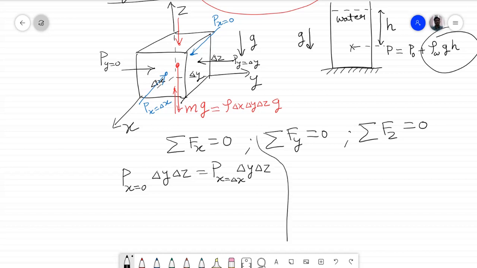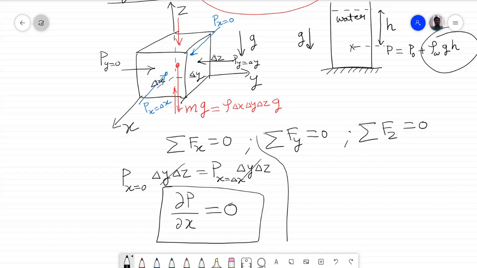This is the first equation, which we can simplify further. Let us multiply both sides by delta x. That will give the total volume, and that will cancel out from both the sides. And if we want to write a differential equation for an infinitesimally small element, we can divide by delta x, and we can say that pressure does not change in the x direction, it remains constant. In other terms, the derivative of pressure with respect to x is 0.